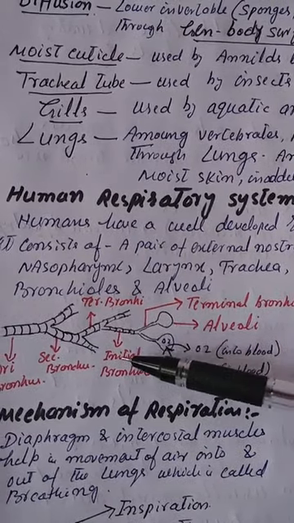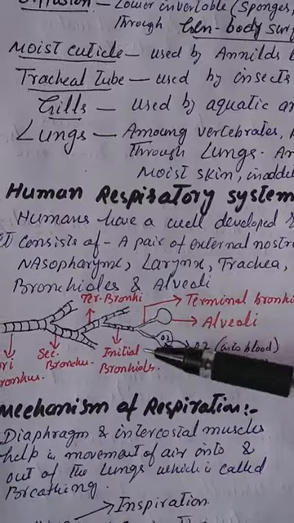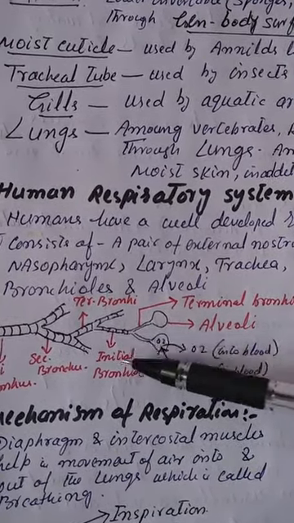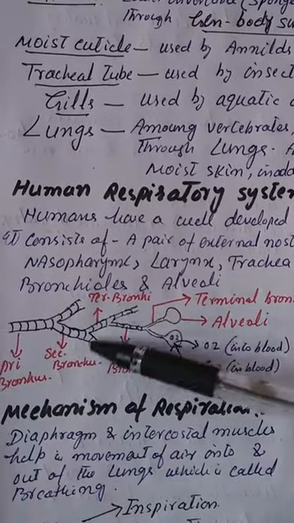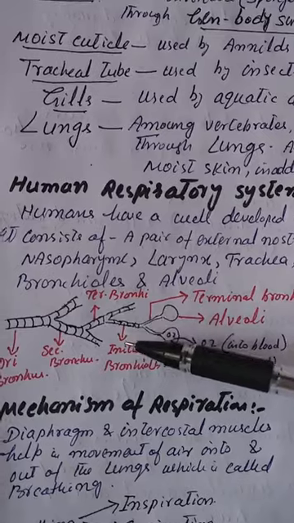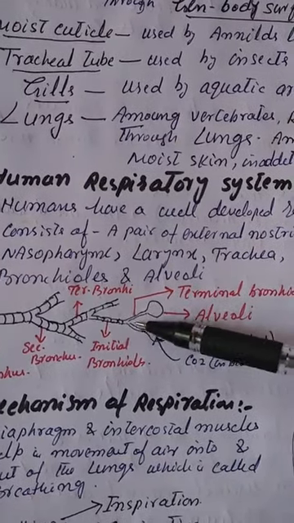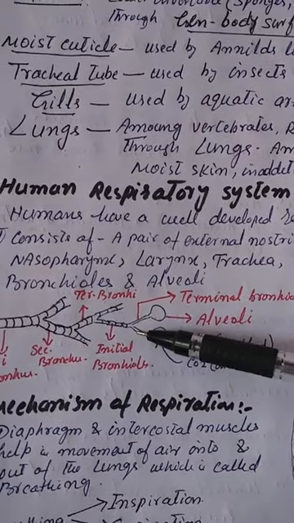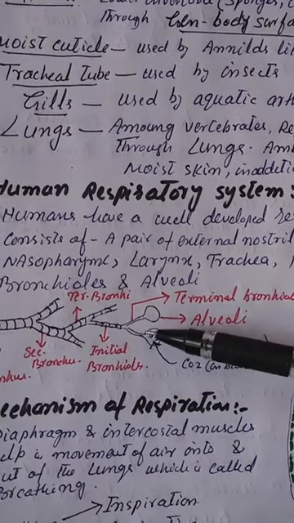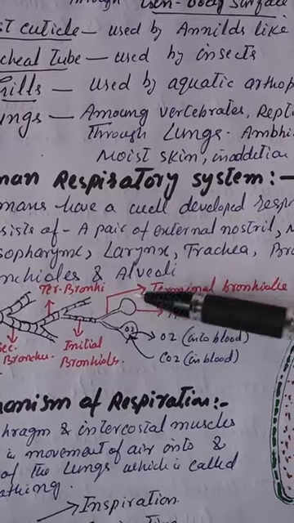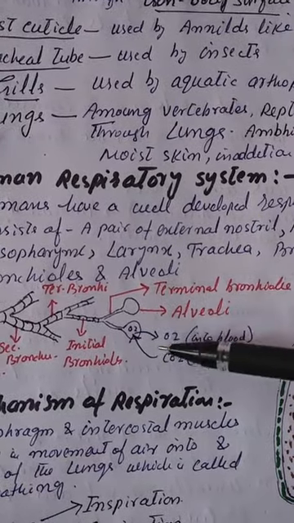The trachea, primary, secondary and tertiary bronchi and initial bronchioles are provided with C-shaped incomplete cartilaginous rings. Now these terminal bronchioles actually end in a thin and highly vascular sac-like structure called the alveoli, where the exchange of gases takes place.